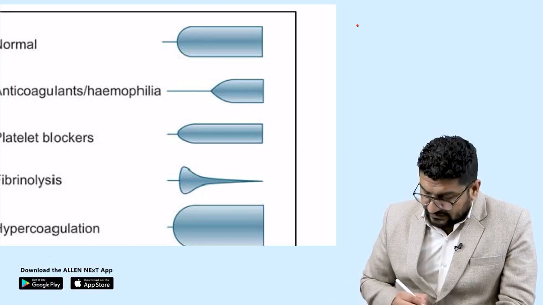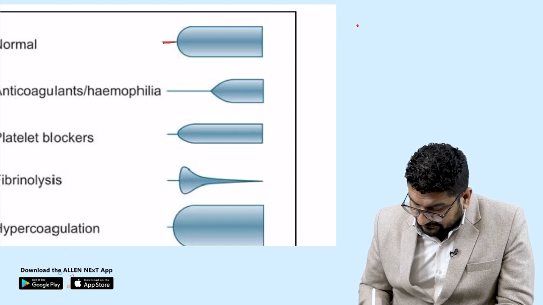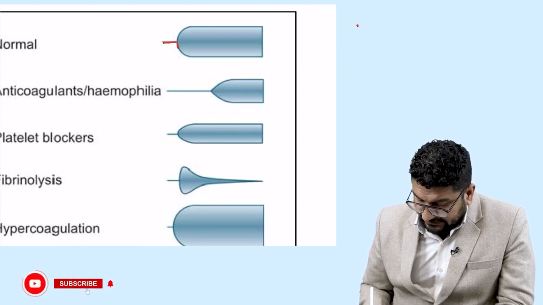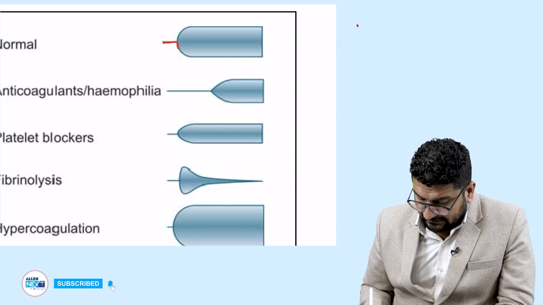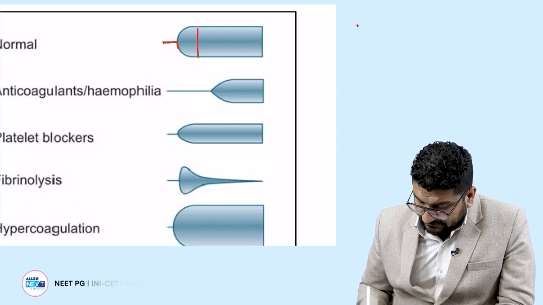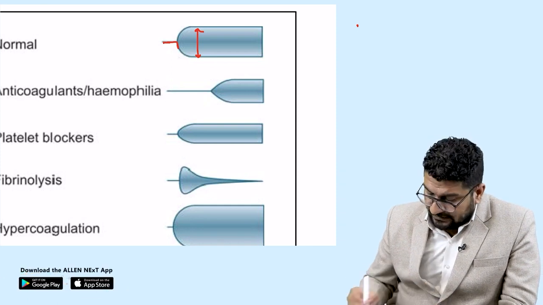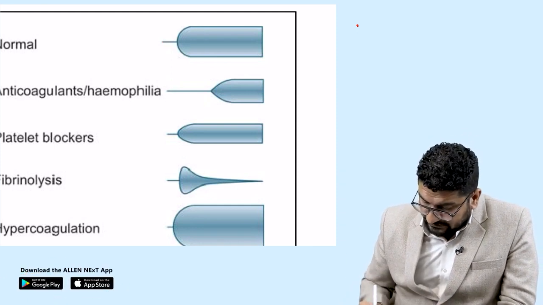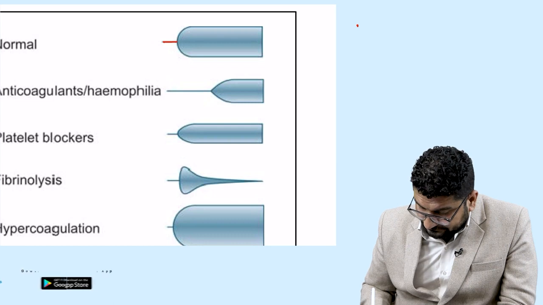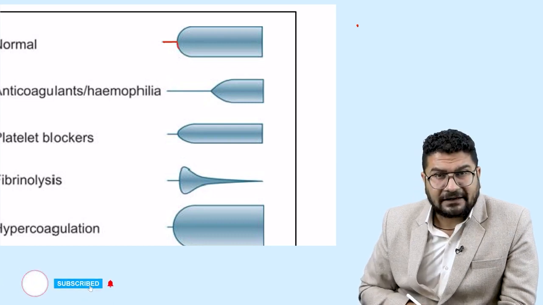What you can see, this is R, this will be K, then we have a particular angle, और ये क्या हो गया, this is your MA. MA means maximal amplitude. एक बार फिर से देख लो, मैं फिर से बना रहा हूँ. This is reaction time. This will be K time, kinetic time.